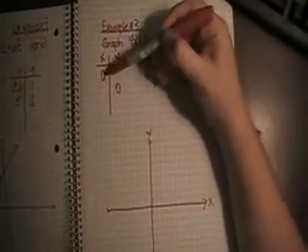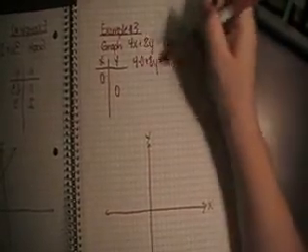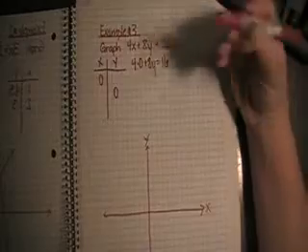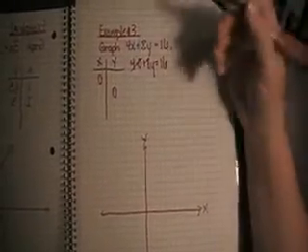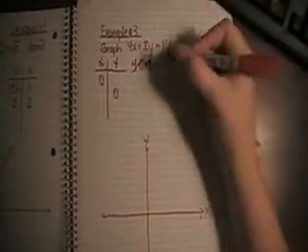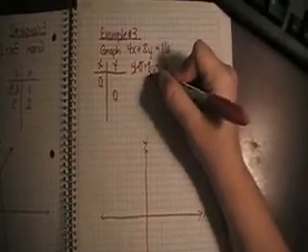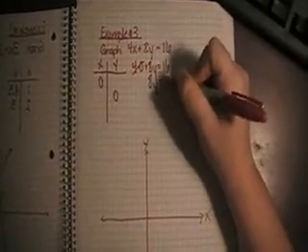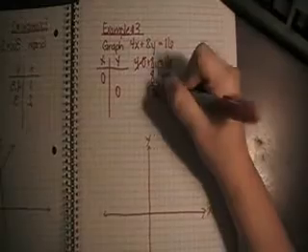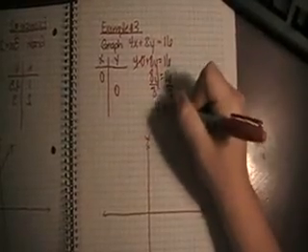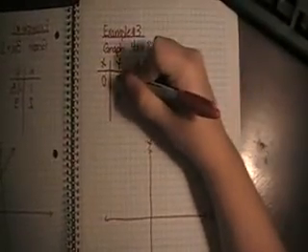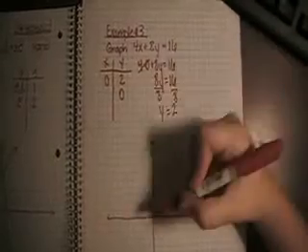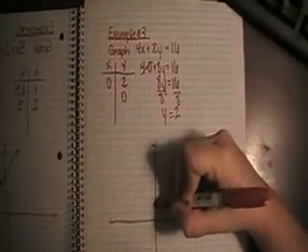So all I've done is substitute 0 for the x to see what the corresponding y value should be. 4 times 0 is 0, so I can simply mark that term out, cancel it out. So 8 times some number equals 16. And of course your y value would be 2. So my y-intercept is at 0, 2.